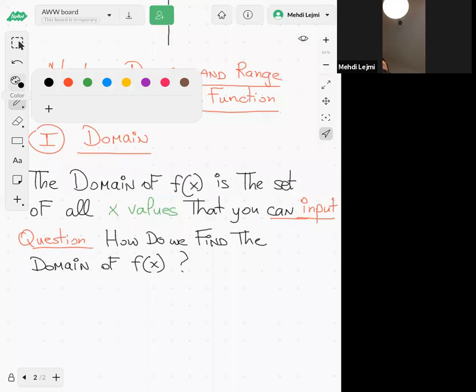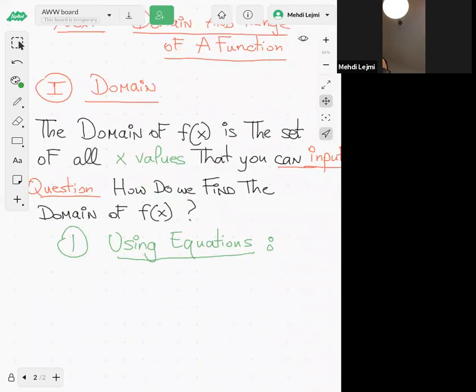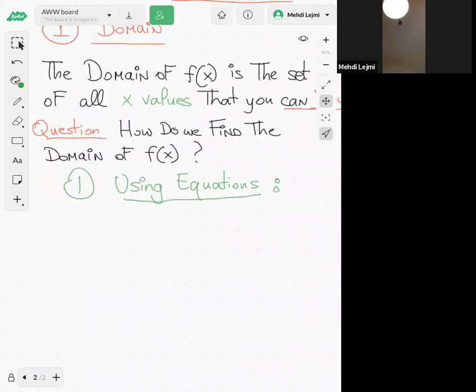I'm going to give you an example first and show you how to find the domain of a function.